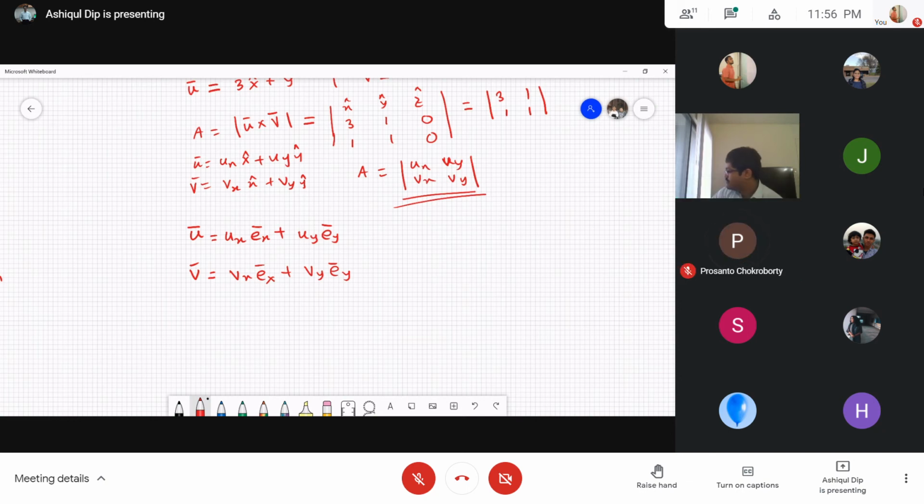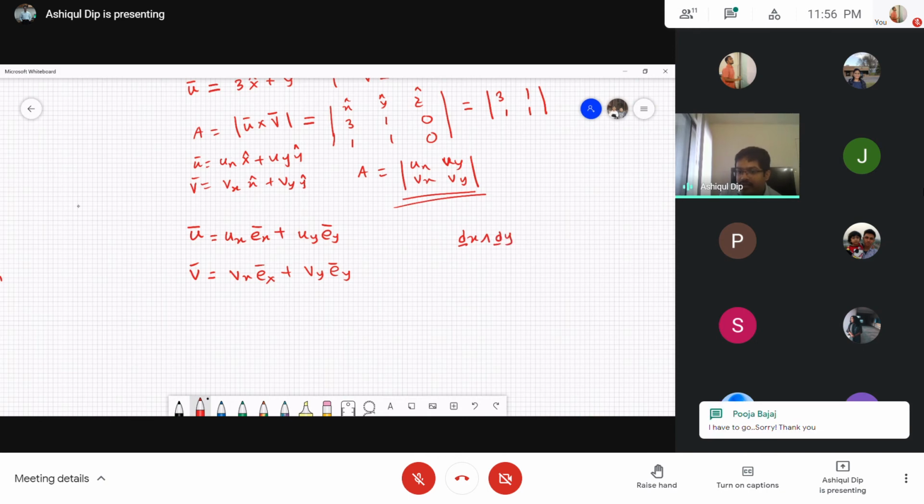Okay. So first I have to choose our unit system. The unit system is the coordinate, so dx would be our unit. I'm trying to construct everything such that dx wedge dy defines the unit grids that we draw over there.